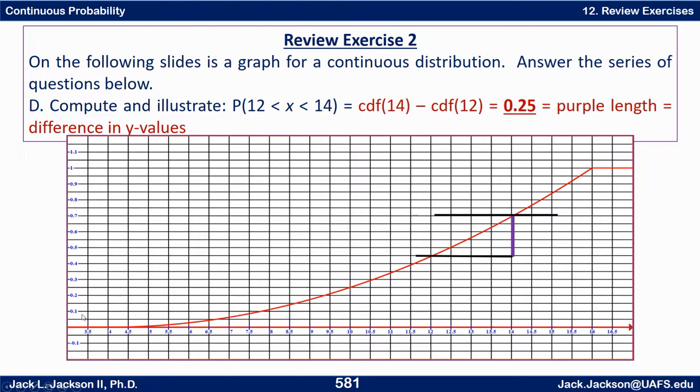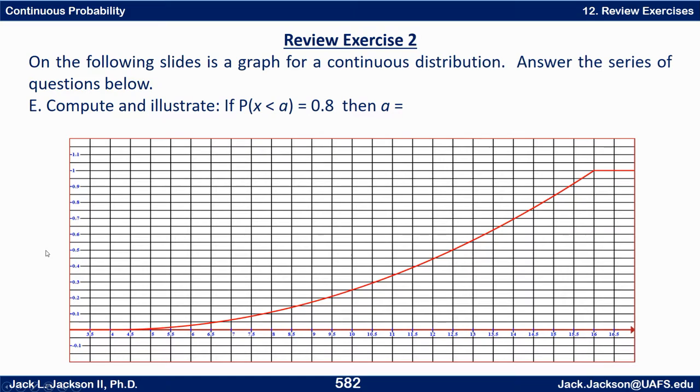And if we look over here, 1, 2, 3, 4, 5 of those is 0.25. Or I could get the 2 y values. CDF of 14 is about 0.7. CDF of 12 is 0.45. Subtract that and you get 0.25. So it's this purple length, the difference in the 2 y values. So notice in all of these you can see probabilities as some sort of vertical length.